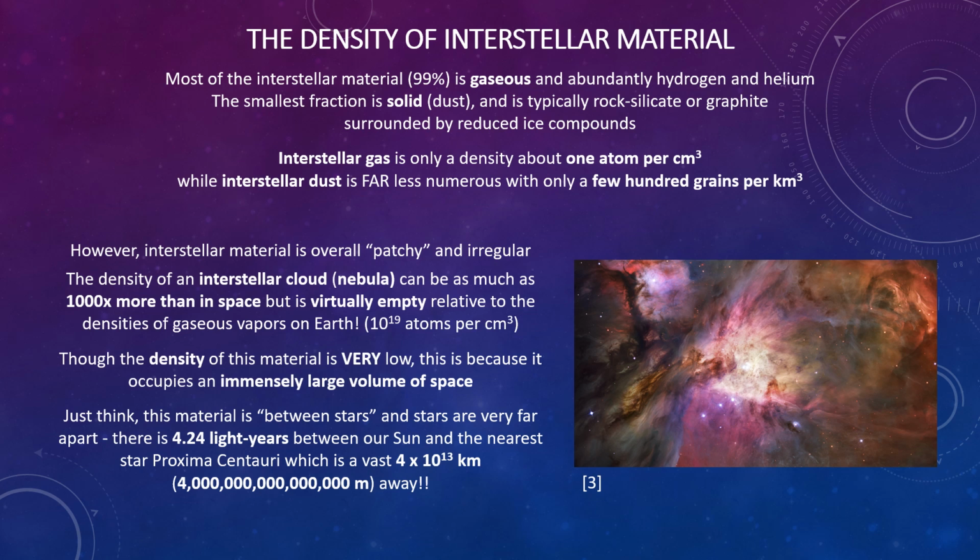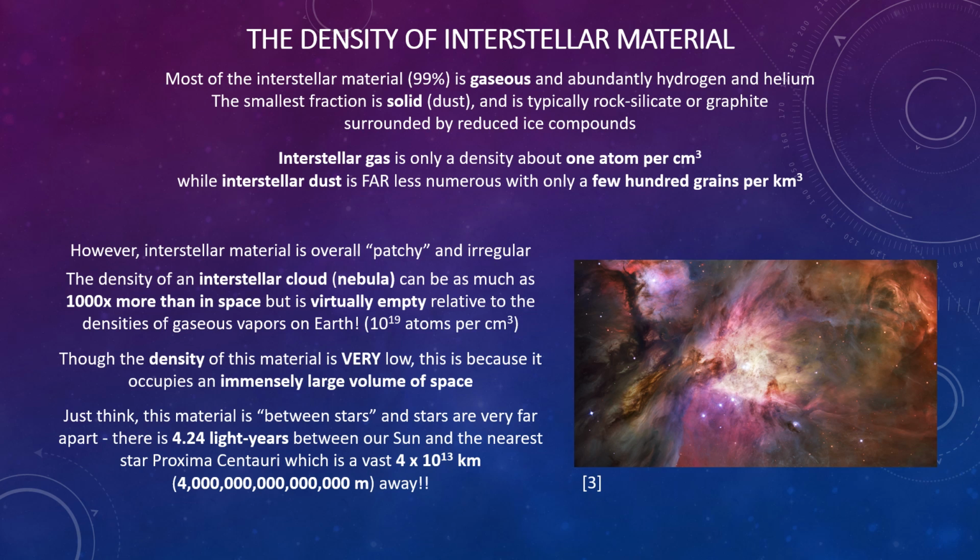But even though this density is very low, there's still a lot of stuff because it occupies a huge, huge volume. So it still adds up to quite a bit of stuff. Just to think, this material is in between stars, and stars are very far away. There are 4.24 light years between our sun and the nearest star, Proxima Centauri.